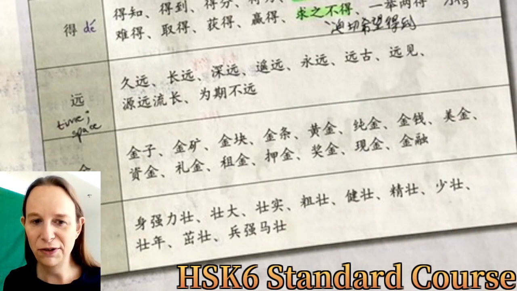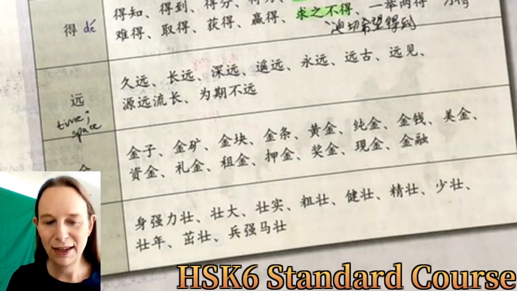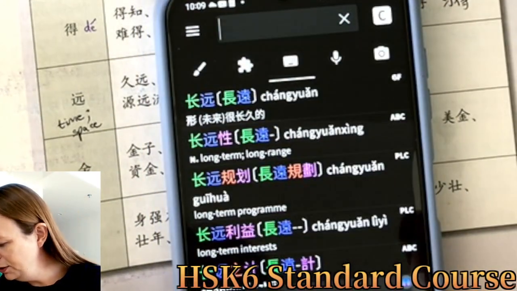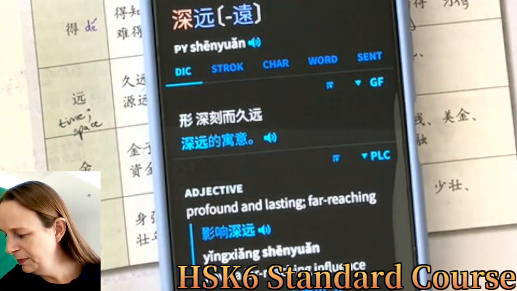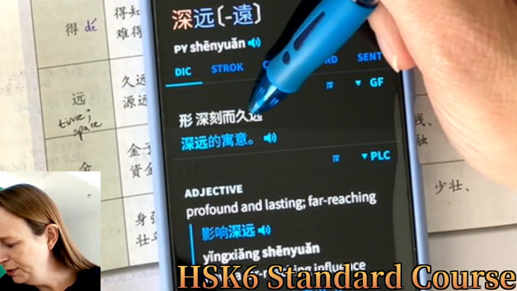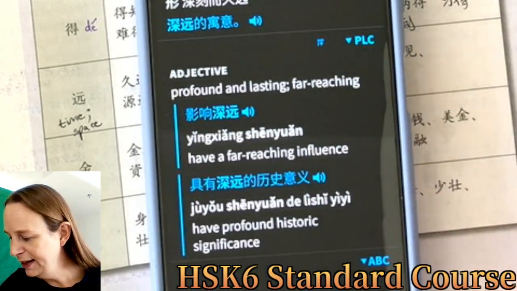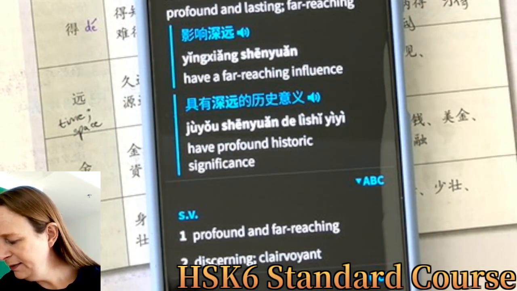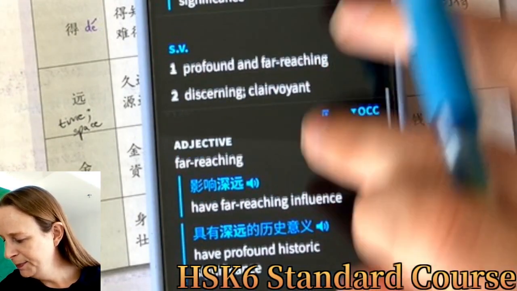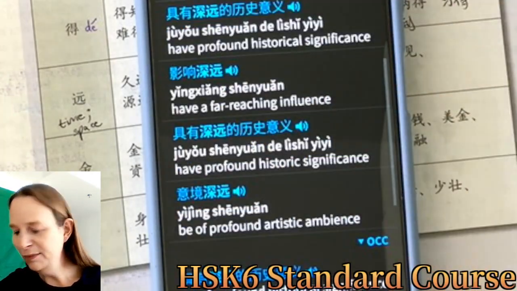So profound consequences of, I don't know, of a new discovery or something. 深远. 深刻而久远, yeah, profound, long-lasting, far-reaching. 影响深远, 具有深远的历史意义, profound. I think this is more metaphorical.